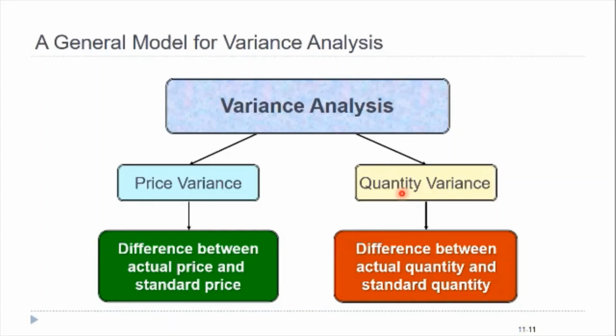And same with the quantity variance, the difference between the actual quantity and the standard quantity. Okay, so the variance really is the difference between the actual and the standard or budgeted quantity. Again here, if the actual is greater than the standard, then you will have an unfavorable or adverse quantity variance. And if it's the other way around, then you have a favorable.